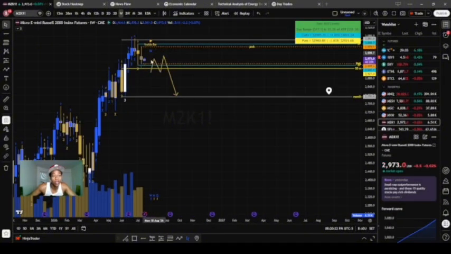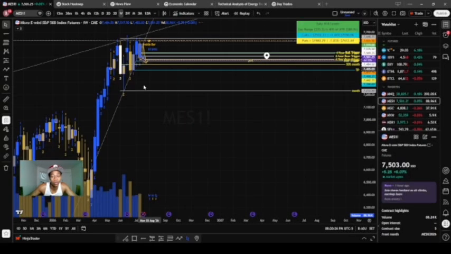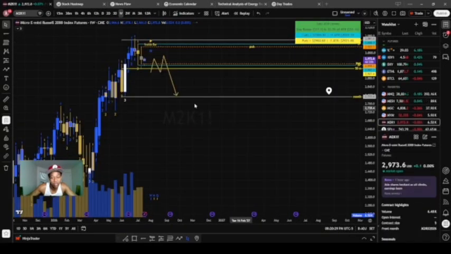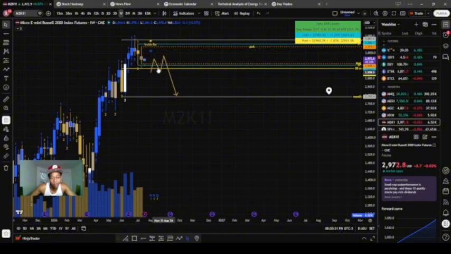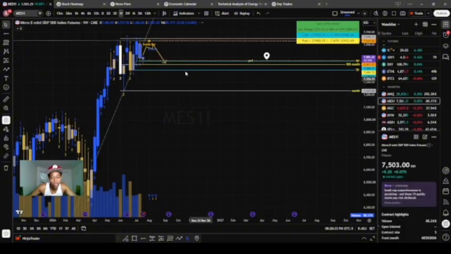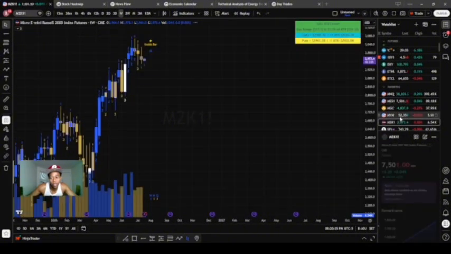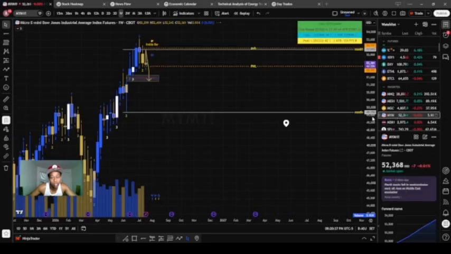Also with M2K, I like M2K because we got a 2-1-2. So M2K and MMS for the weekly bearish continuation is what I'm going to have my eye on this week.